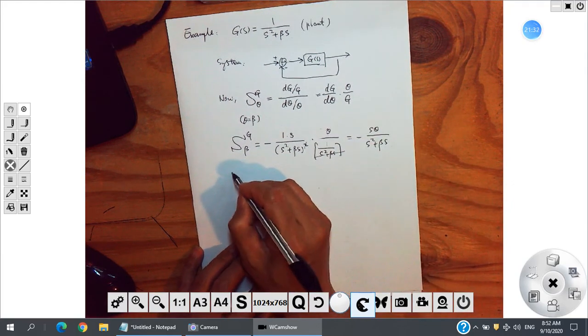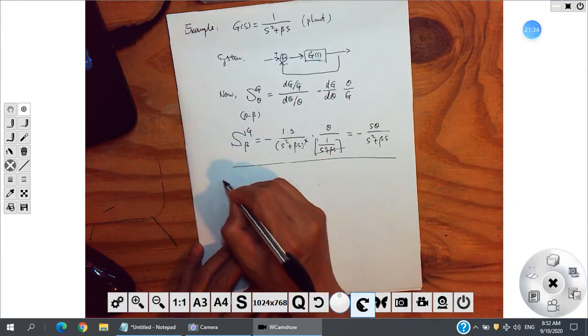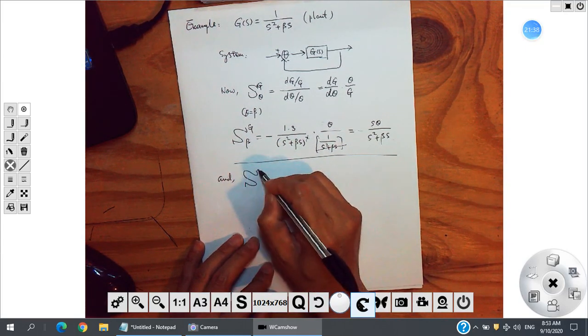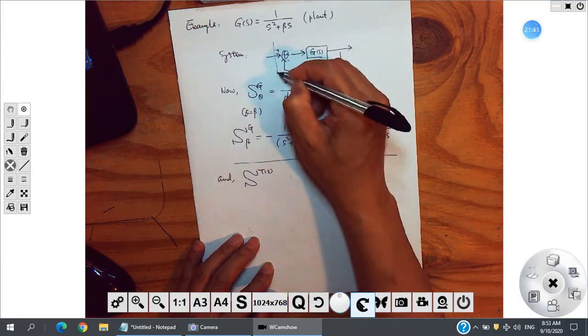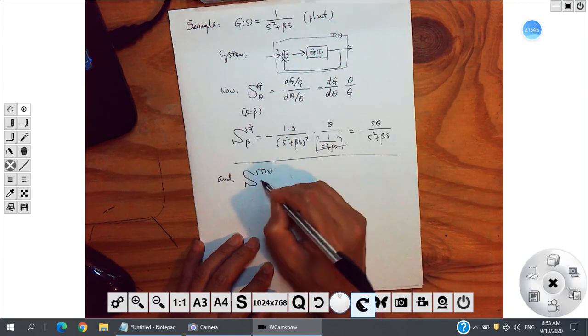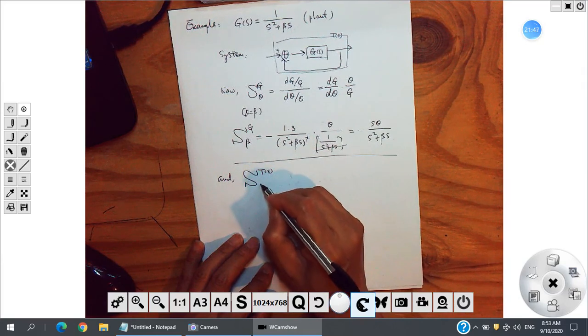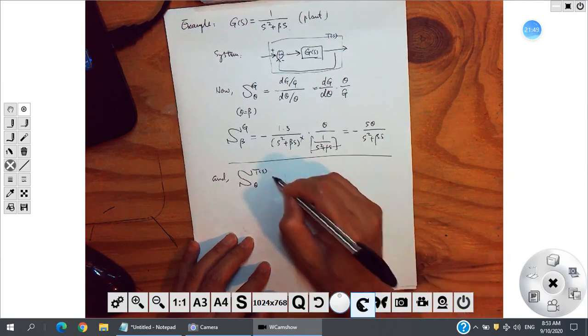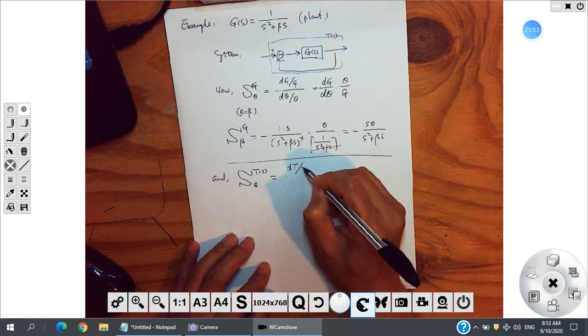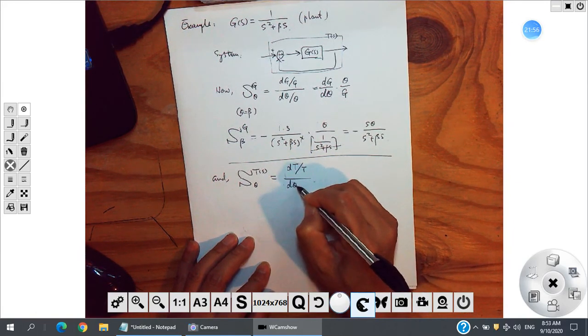Alright. And we want another sensitivity, T of s, the overall transfer function. We want the sensitivity of T of s according to theta. Then similar thing, we check dT over T and d theta over theta.